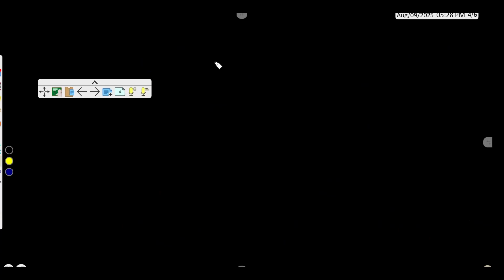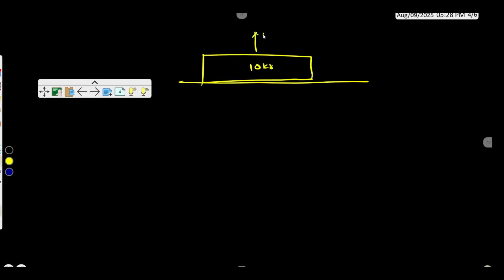Let us now draw the same block of 10 kg and see which frictions are present. Normal reaction is upwards. I'm giving mu s equal to 0.6, mu k equal to 0.5, and a force applied of 60 Newton, or let us take 59 Newtons.